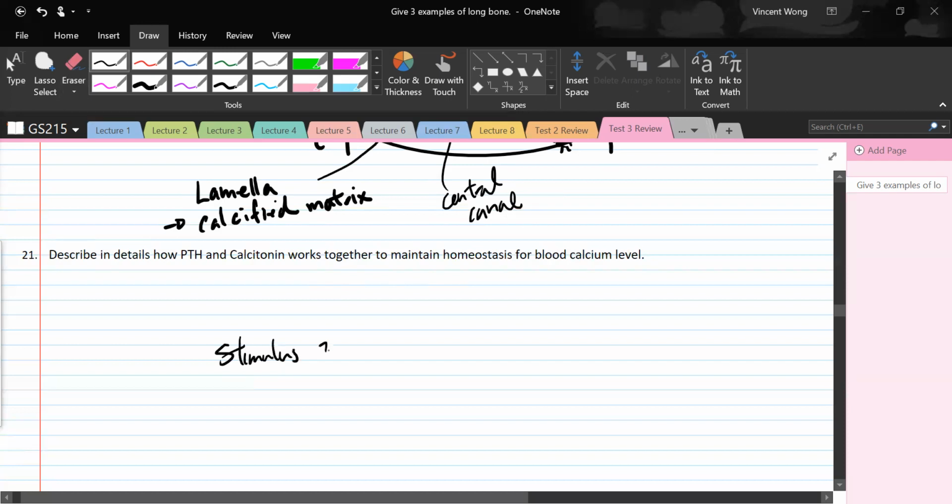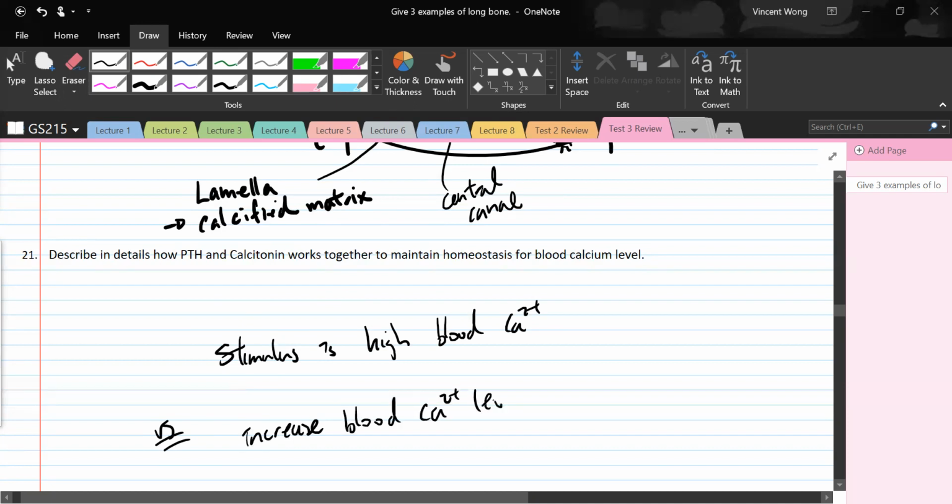Stimulus is high blood calcium, versus this hormone increases blood calcium level.